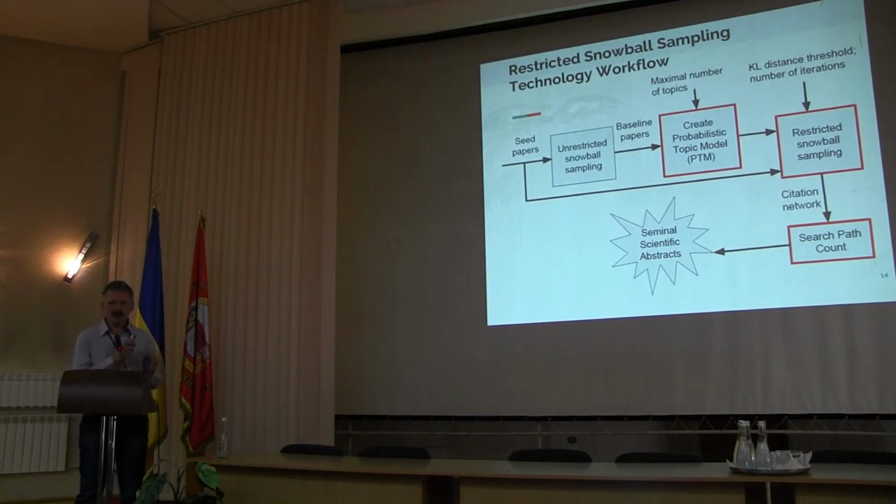Starting from any papers, we can collect the full set of same abstracts. And the last step is the search path count, which allows us to detect the most significant, most seminal publications.